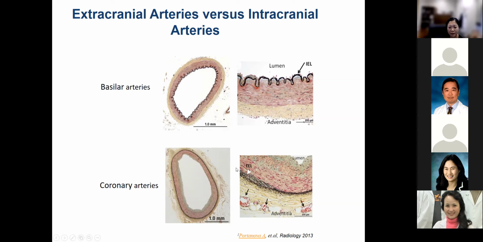Instead, the EEL is very thick in coronary artery, but in intracranial artery it is missing or absent. That is why aneurysms more often occur in intracranial circulation, and vessel remodeling is also quite different between extracranial and intracranial vessels.